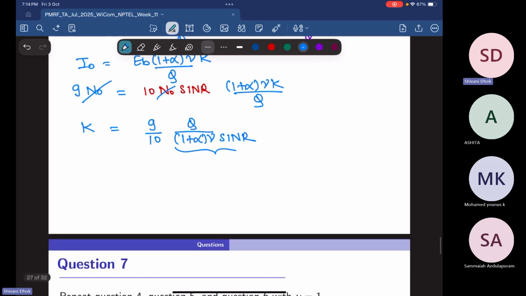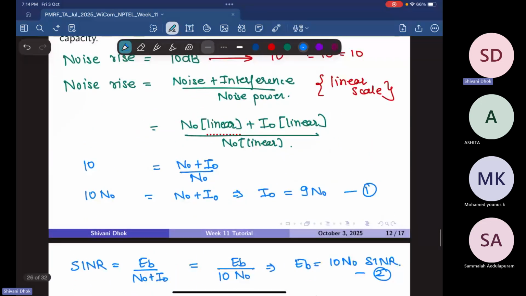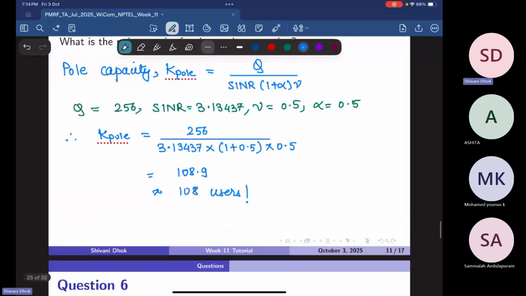Now this thing here is nothing but your pole capacity. So this is equal to 9 by 10 into your k pole, which is 9 by 10 into your pole capacity, 108. This pole capacity we had obtained in the previous question, and it came out to be 108.